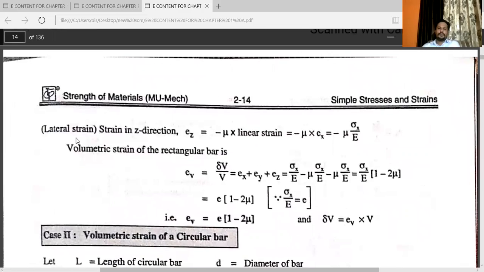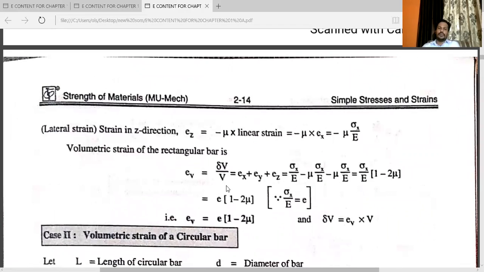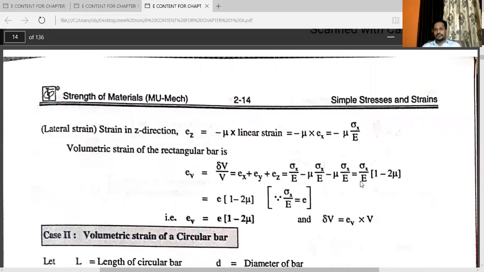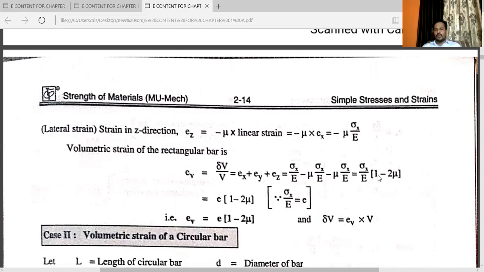So here volumetric strain in rectangular bar EV is equal to delta V upon V is equal to Ex plus Ey plus Ez. Here we know that Ex is nothing but sigma x upon E minus mu sigma x upon E minus mu sigma x upon E. Here we are taking sigma x upon E as common, so it is equal to sigma x upon E in bracket 1 minus 2 mu, bracket complete.